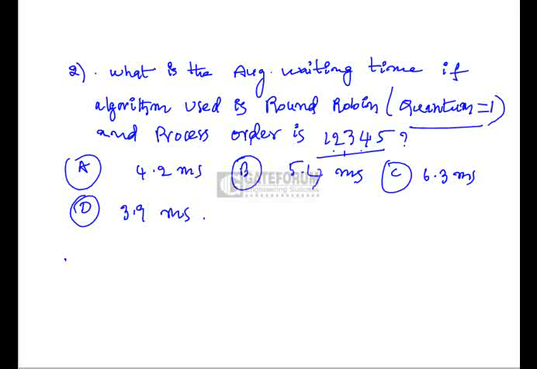So here we will take the Gantt chart representation. We need to find out the average waiting time when this algorithm is used. Already we know the execution times of P1, P2, P3, P4 and P5.